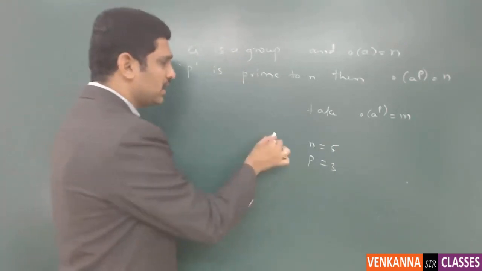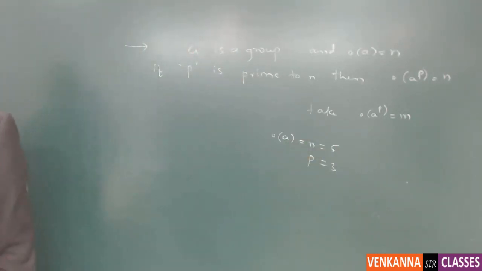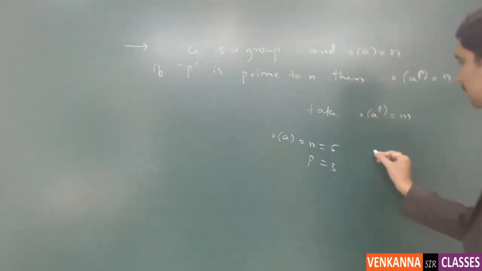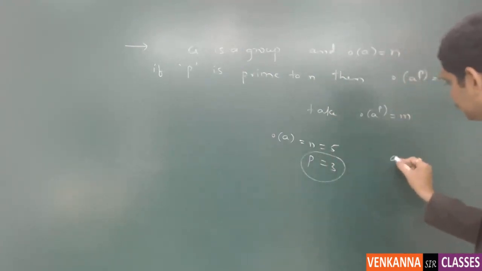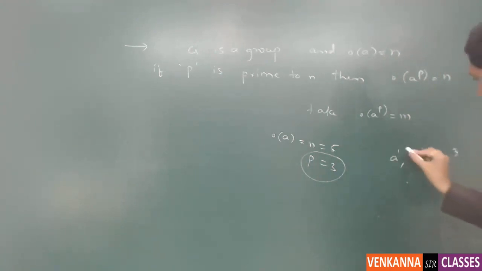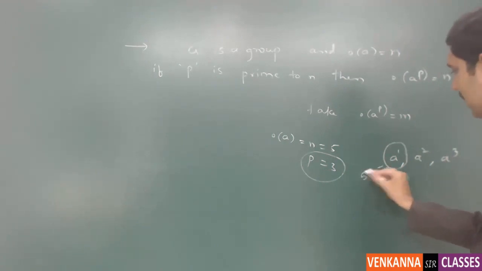as you mentioned, the order of A is equal to n. Please understand that here P is equal to 3 means, this is the element A, I have taken its order is 5.